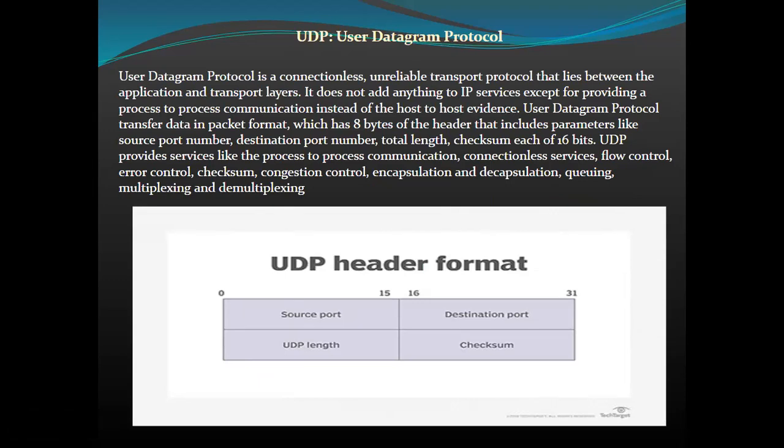It does not add anything to the IP service except for providing process-to-process communication instead of host-to-host. User Datagram Protocol transfers data in packet format, which has 8 bytes of headers that include parameters like source port number, destination port number, and total length.